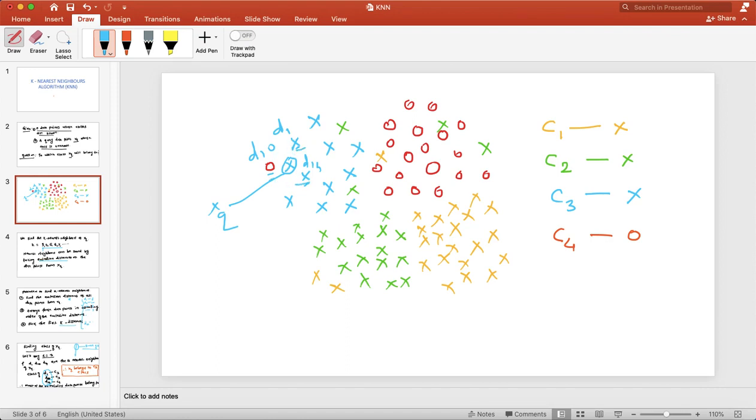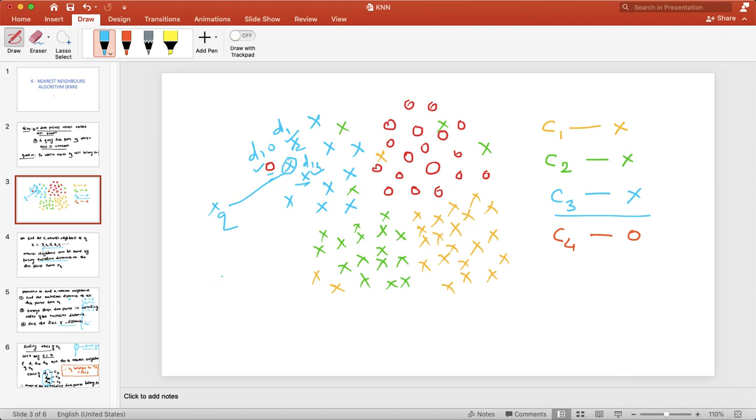You can see here that D1 and D14 belong to class C3. These two, this one and this one, belong to class C3, and this one belongs to class C4. That means out of 3 nearest neighbors, the majority of the data points, that is 2 data points, belong to class C3. So we can say that the class of XQ is also C3.